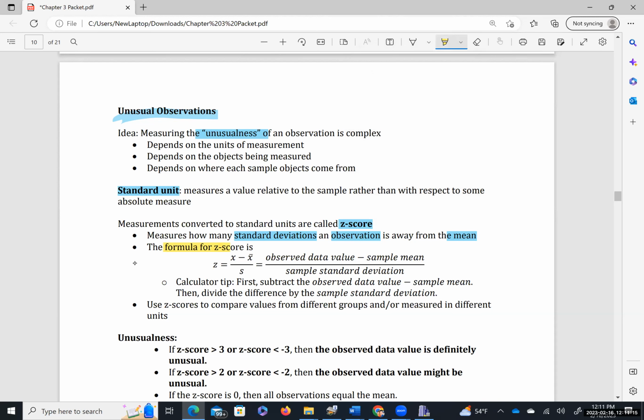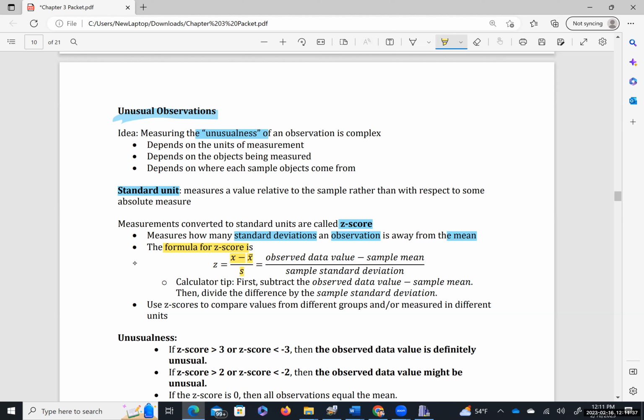So what is the formula for the z-score? It is the data value minus the sample mean, and then divided by the sample standard deviation.